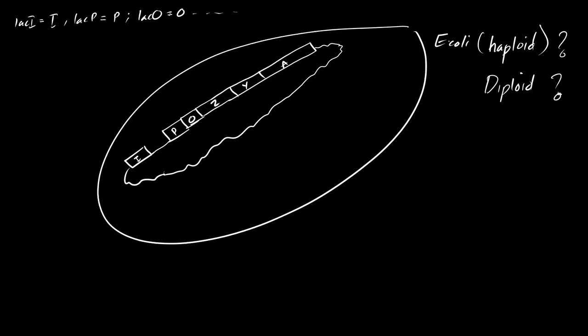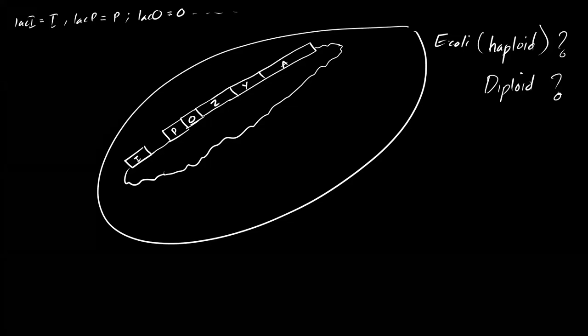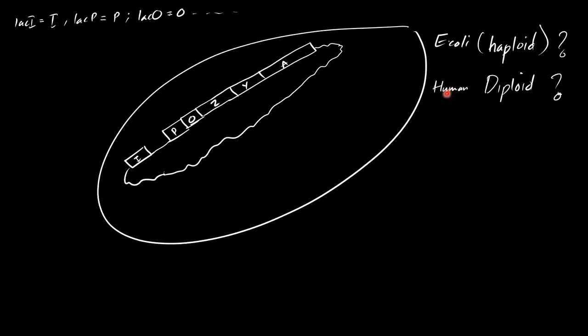So haploid organisms have only one copy of each gene, or a single set of chromosomes. Diploid organisms, like humans, are diploid because we have two sets of chromosomes. One set you inherit from your father, one set you inherit from your mother.